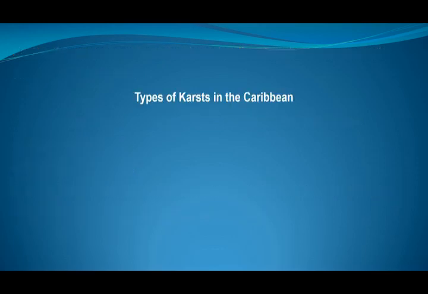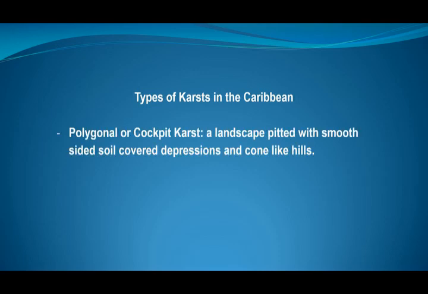So what are the different types of karsts in the Caribbean? Well, there are actually two types of karsts found in the Caribbean. The first one is known as a polygonal karst or a cockpit karst. Well, we call it cockpit because the area kind of resembles that of a cockfighting ring or a cockpit, where the dirt looks very rugged, where the cocks were fighting.